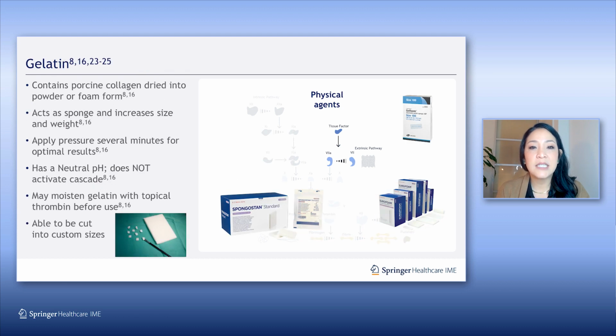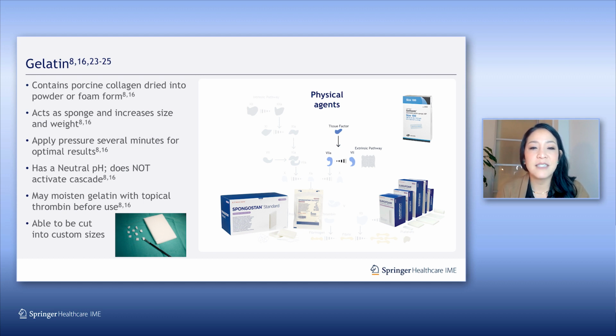So next, and still in the group of physical agents, is gelatin. Due to the sponge-like nature, once this agent is placed in your operative field, it slightly increases in both size and weight. The application of pressure to this gelatin for several minutes in this area of concern really creates the optimal results.